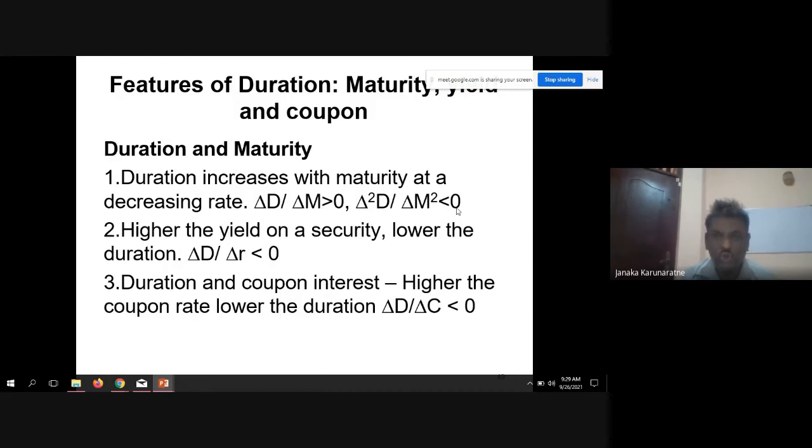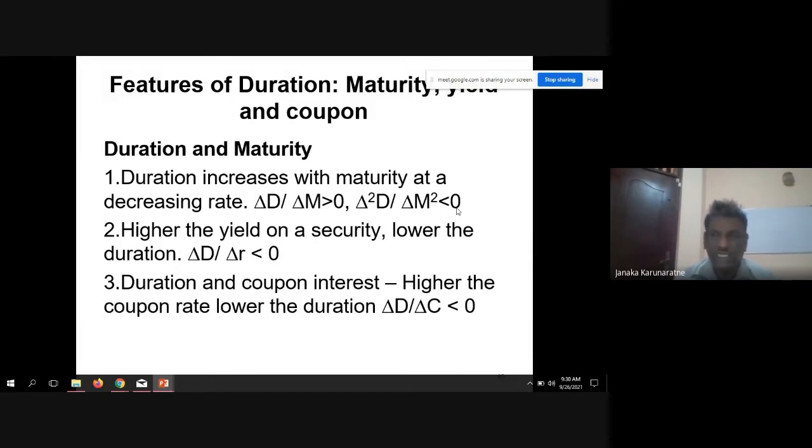So you have two bonds in the market, both 10-year bonds. One bond is paying 5%, market yield is 5%. The other one is 6% yield to maturity.